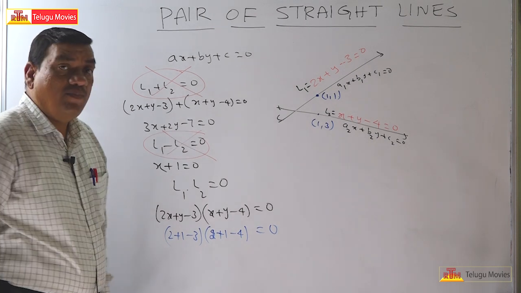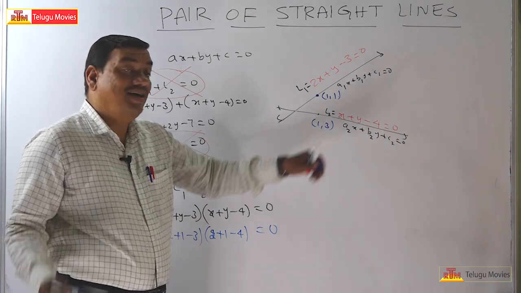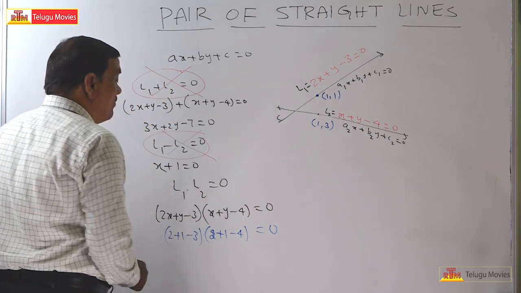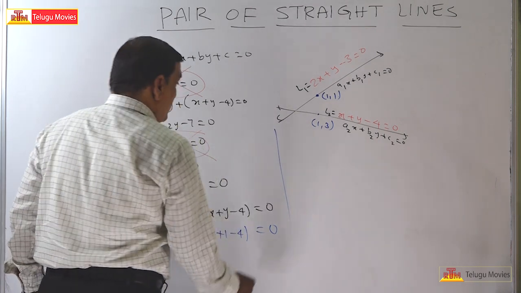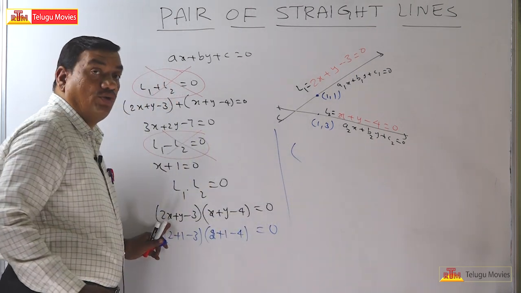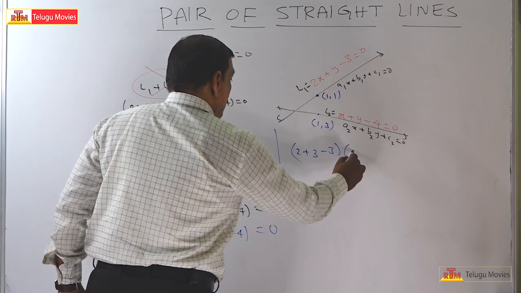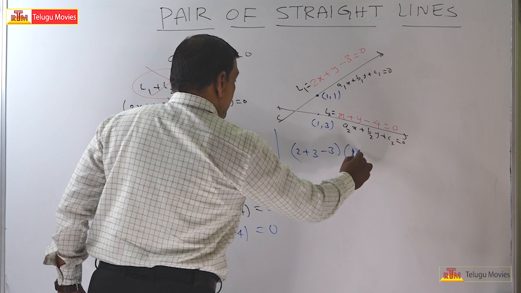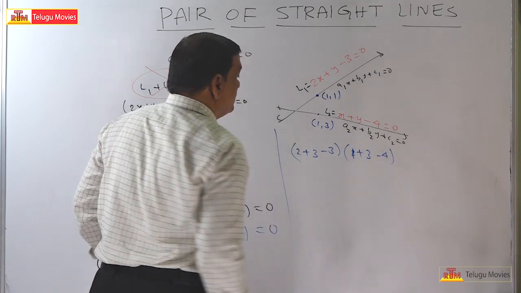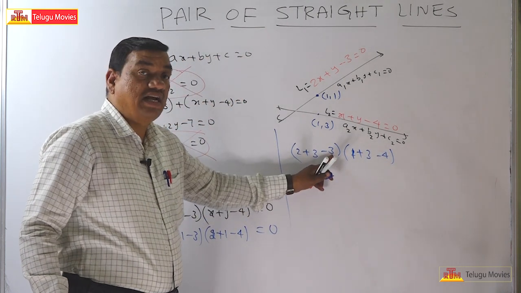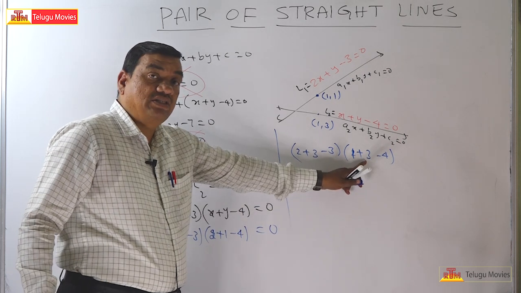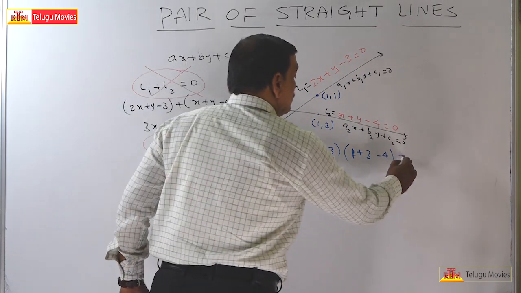Let us take another point, 1 comma 3, which is on the second line. Substitute 1 comma 3: 2 into 1, 2 plus 3 minus 3, into 1 plus 3 minus 4 is equal to 0. The plus 3 minus 3 cancel, it is a 2. Here 1 plus 3 is 4, 4 minus 4 is equal to 0.